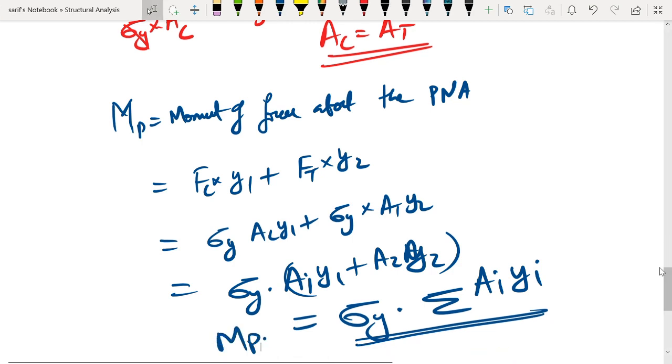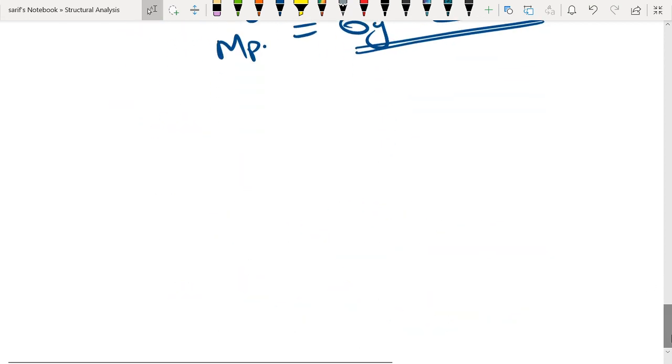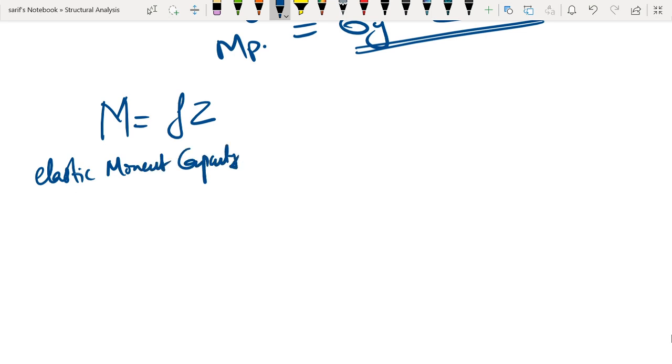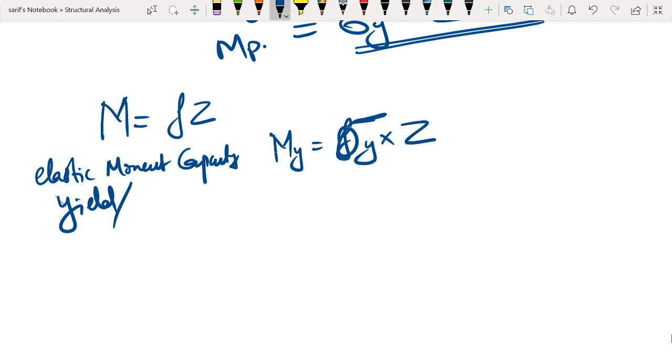So if we try to write a general equation for Mp, we know that in elastic analysis we have found out M is equal to F into Z. So the elastic moment capacity, or what we can call the yield moment capacity, My, can be written as sigma y multiplied by Z, where Z is the elastic section modulus.